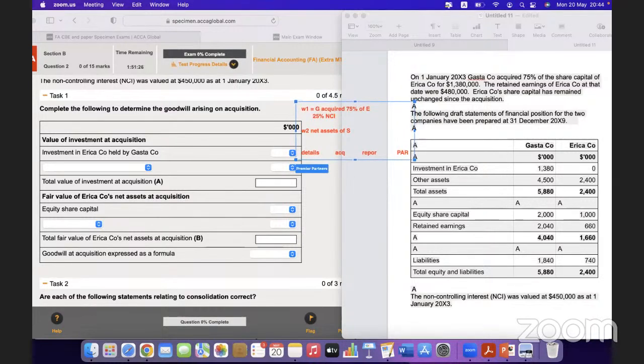Now this is how I taught you last class. Net assets means this one, the capital, right? So the net assets are what and what? We have the equity, share, and retained earnings.